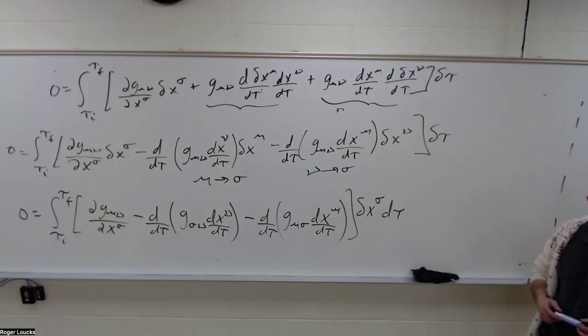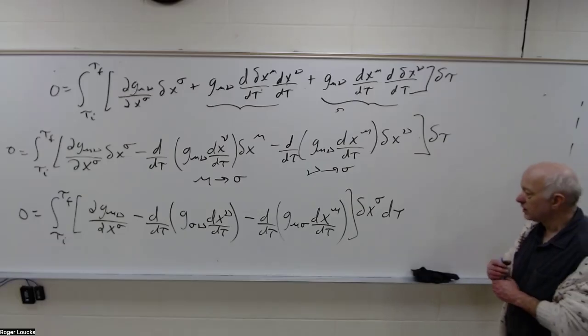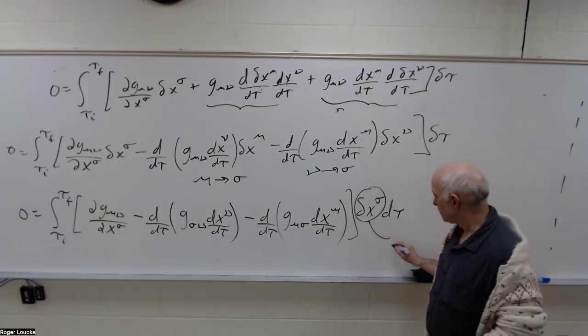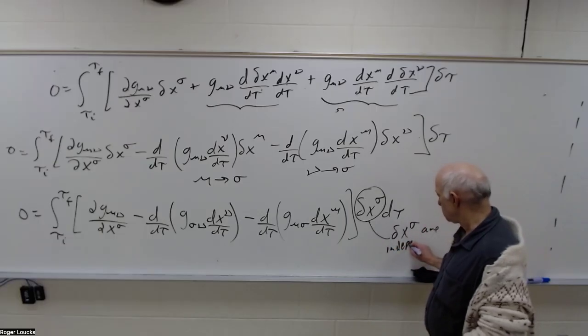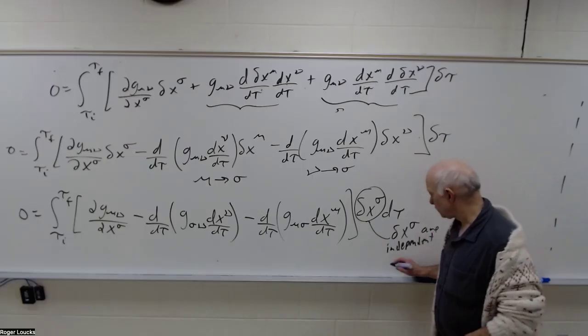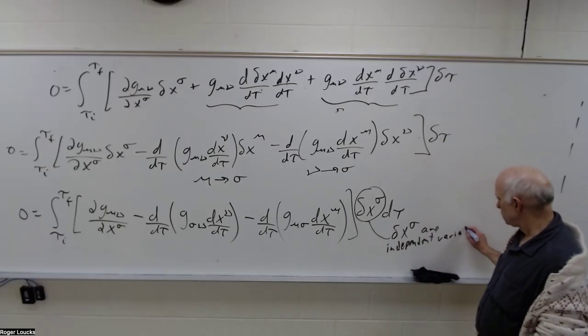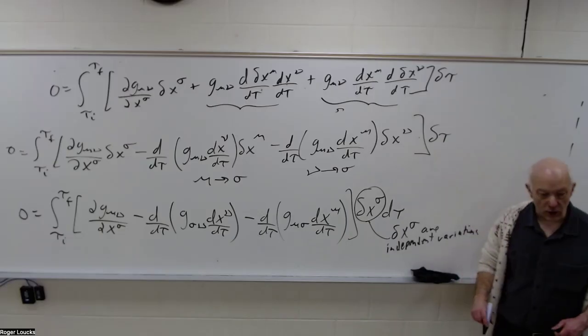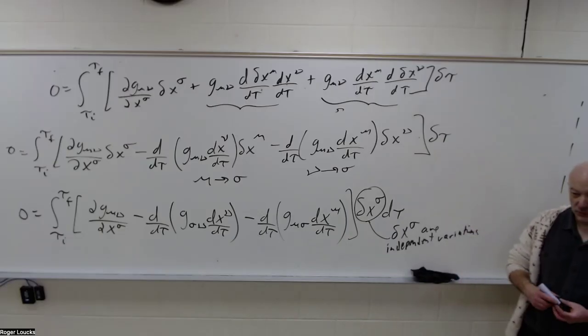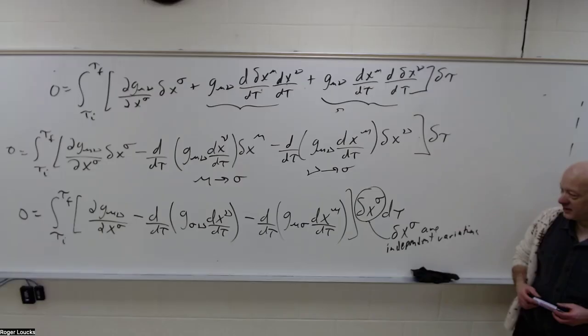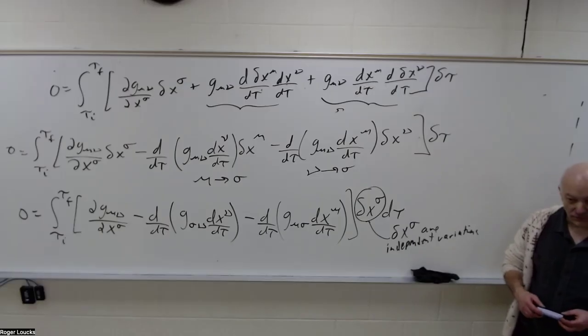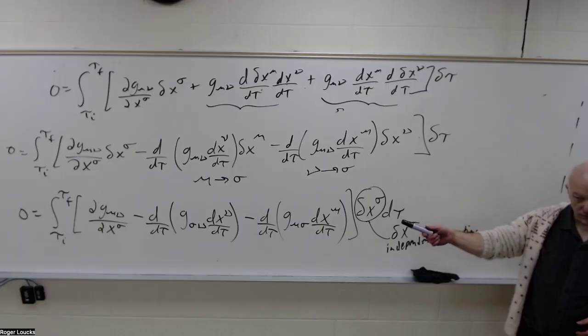Everyone agree? Yes. Now, what's the argument here? These delta x sigma are independent variations. It doesn't matter what they are. Ergo, the integrand is zero, because this always equals zero.